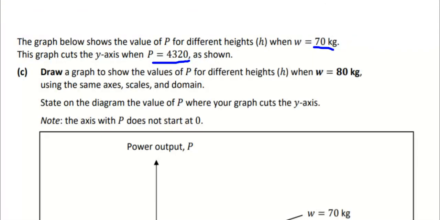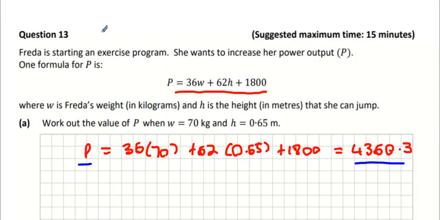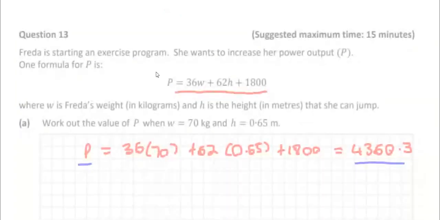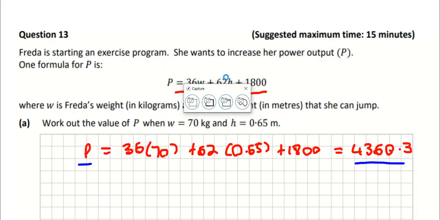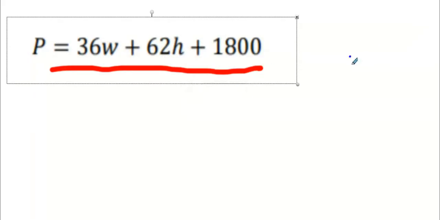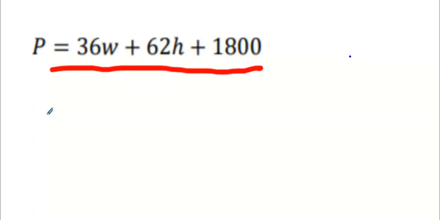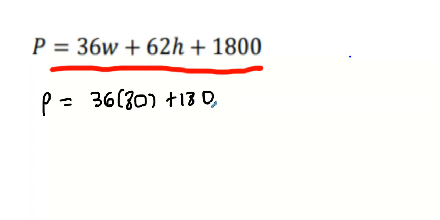So we're going to grab the formula from here. And we're just going to alter this formula for ourselves in a minute. Now we're told we have to use a weight of 80. So our p-value equals 36 times 80 plus our 1800, and just remember, I'm going to put the 62h over the other side here for a second.